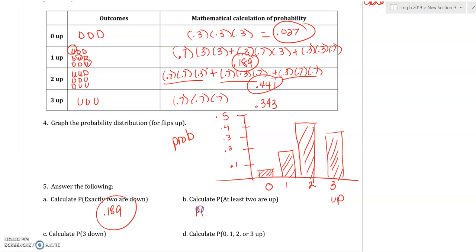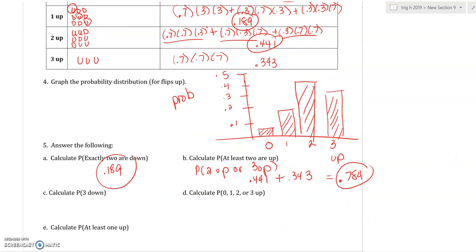Well, doesn't that mean 2 up or 3 up? So 2 up was 0.441, or you add 3 up was 0.343. So that gives you 0.784.